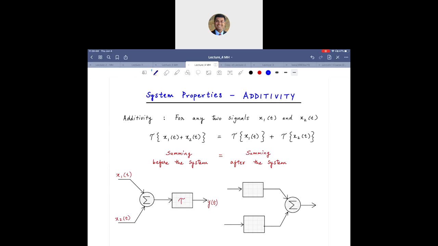Now if that equals, that's the check, if that equals the next one, which is x1 of t, x2 of t, do the system operator first, then do the summer to get y of t. If both the outputs on the left and on the right, that is summing before the system and summing after the system, are the same, then the system is considered to be additive.